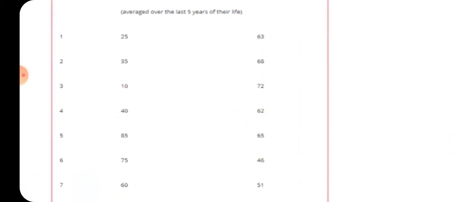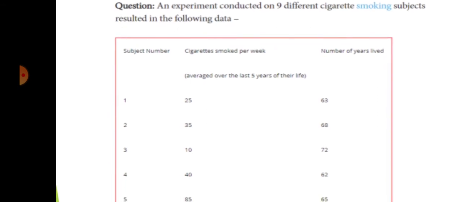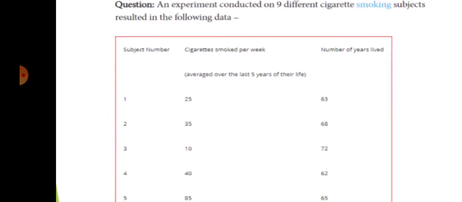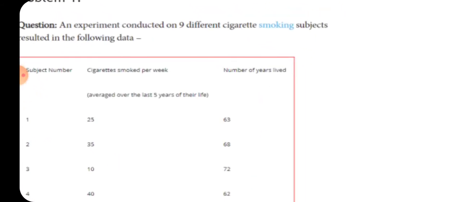Now here there is a problem given for which you are asked to calculate the coefficient of correlation between x and y. We take one of the variables, subject number is given 1 to 10, then 9 values are there.